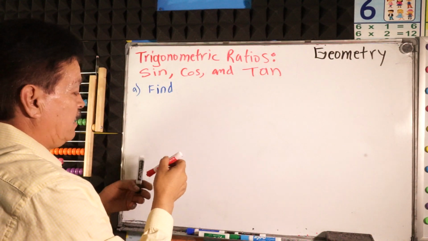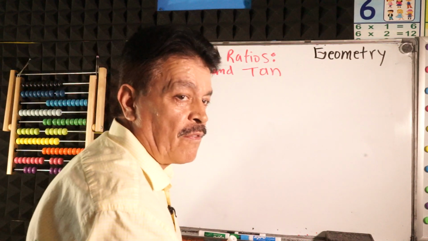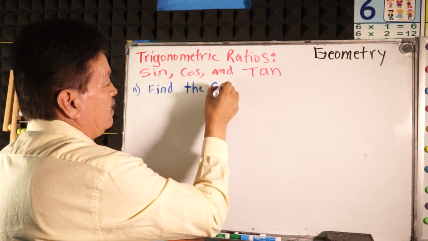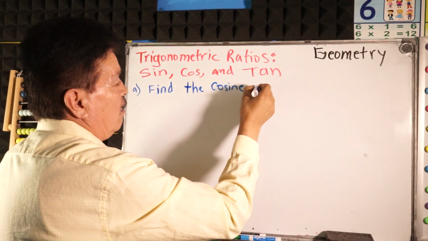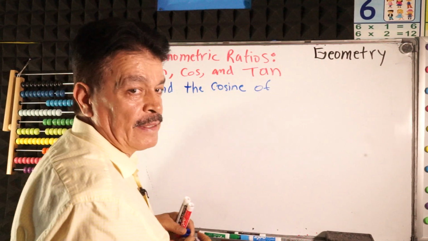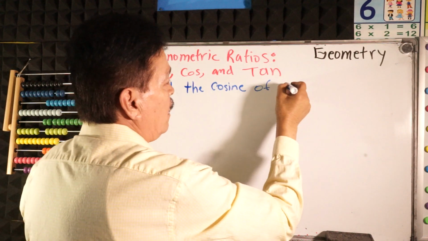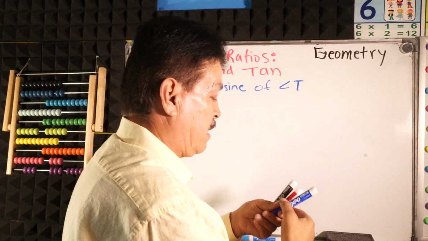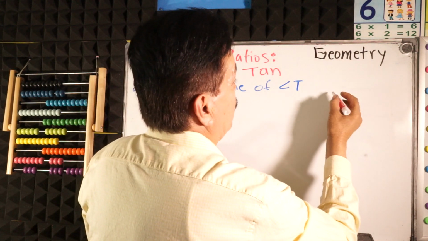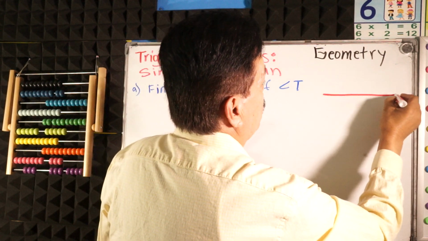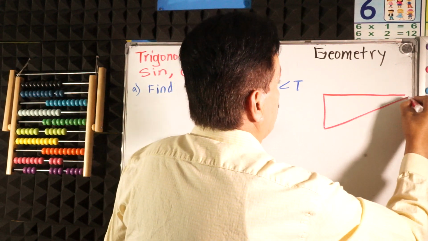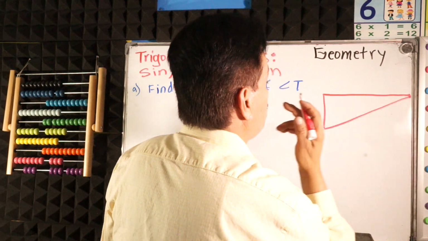Find the cosine of angle T. Let's make the right triangle. The right triangle is in this way. Let me make a picture of the triangle. It will be our triangle, right here.